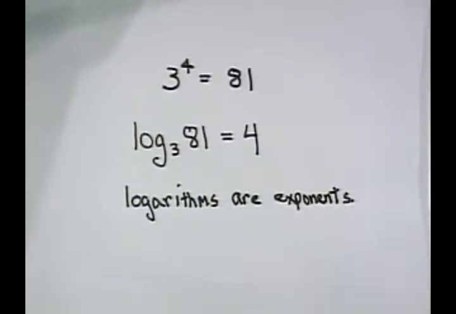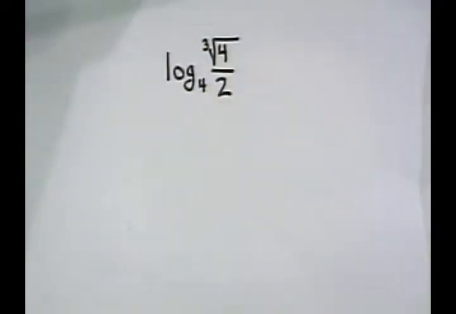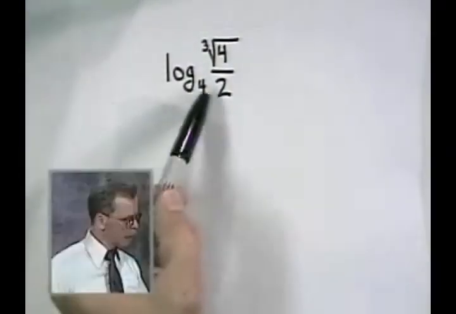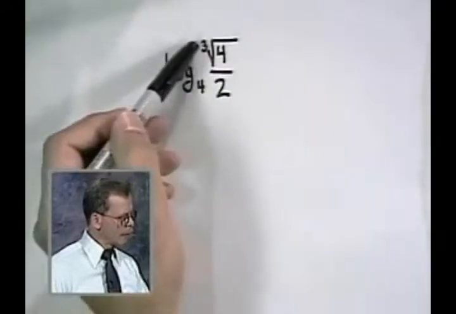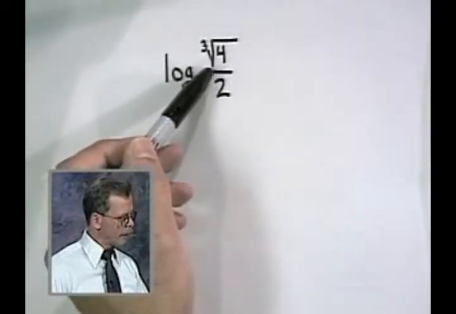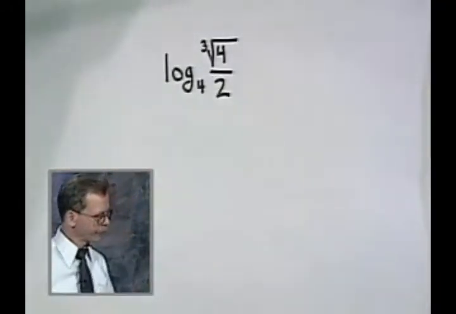Now let's see what we can do with this conversion idea by trying to evaluate a logarithm by putting it back into exponential form. Here's our problem: log base 4 of the cube root of 4 divided by 2.